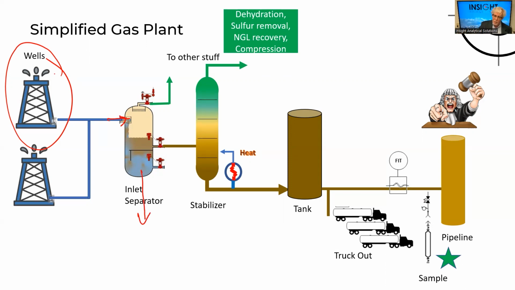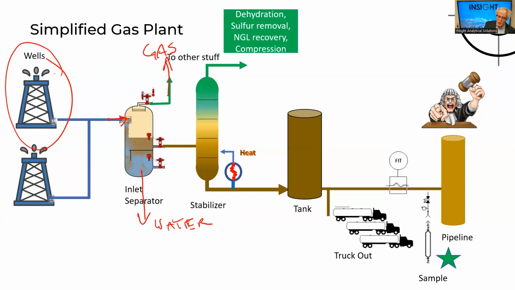So we get water coming down at the bottom because it's the heaviest. We get gas going off the top, and I wrote "other stuff" because it goes to other parts of the gas plant. It'll go to things like dehydration, sulfur removal, NGL recovery, compression.